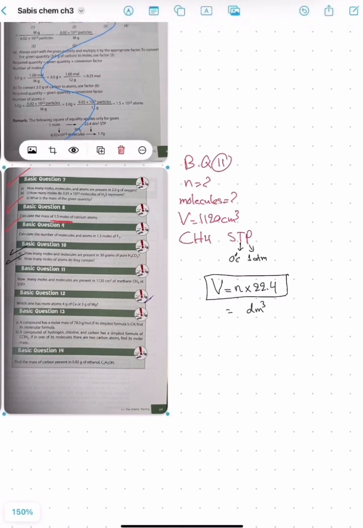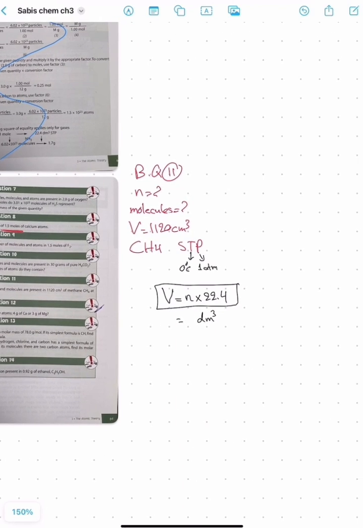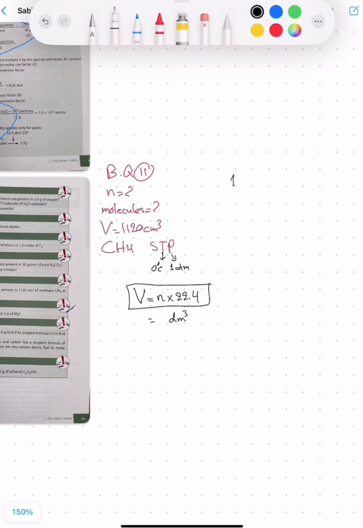But look at the question. We have the volume in cubic centimeters. First, you have to change it. 1 cubic decimeter is equal to 1000 cubic centimeters. So take this as a rule: whenever you have something other than cubic decimeter, you have to change it, then use it, especially in chemistry. So you divide it by 1000 to get 1.12 cubic decimeters.